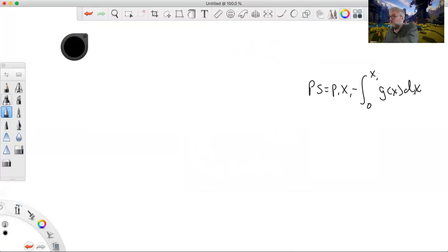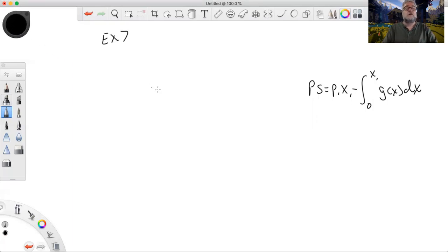Producer surplus is equilibrium price times equilibrium units minus the integral from 0 to x1 of the supply function. So let's look here at example 7. This says that the equilibrium price for a product is equal to $20.